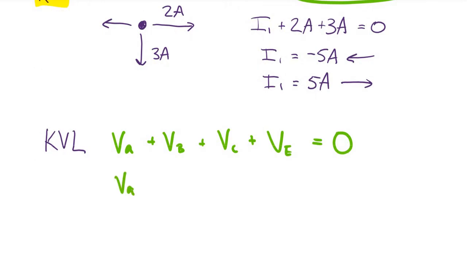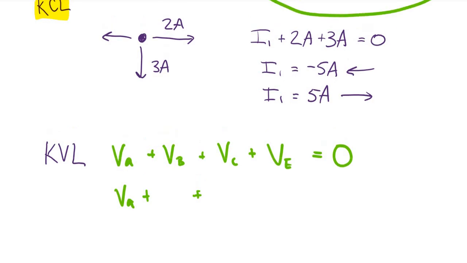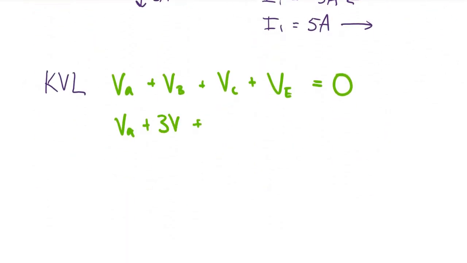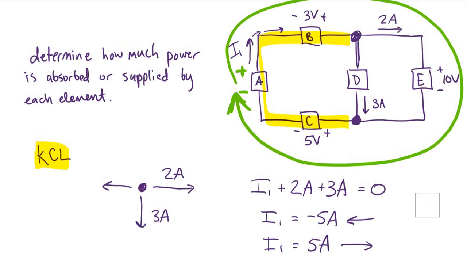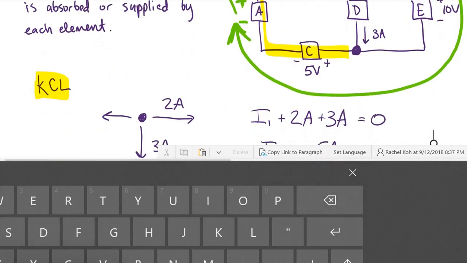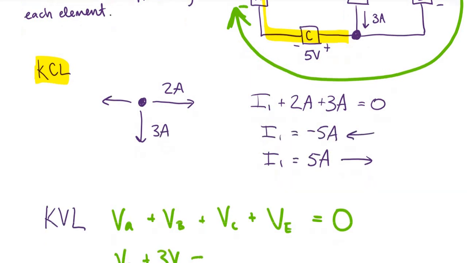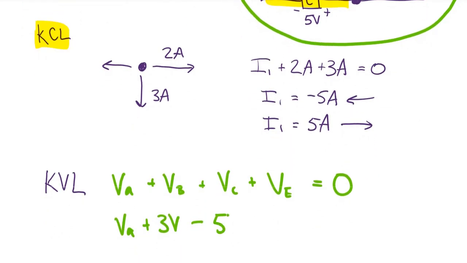So VA plus VB, actually I'll go ahead and fill in numbers while we're at this too. So VA plus 3 volts, and then minus 10 volts, minus 5 volts is equal to 0.